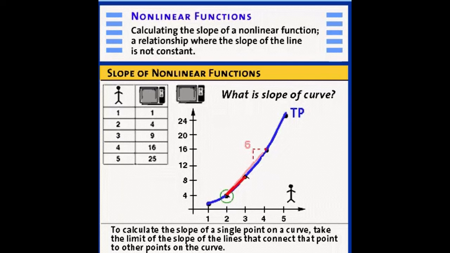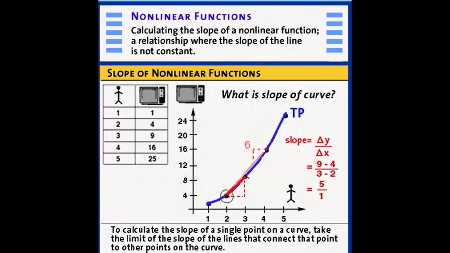So let's look then at the slope as we move from 2 workers to 3 workers. In that case, the slope once again is rise over the run, but the slope along this point is going to be a little bit different. The slope in that case is going to be equal to, the output has changed to 9 from 4, divided by a change in workers from 2 to 3, gives a slope of 9 minus 4 is 5 over 1, which is going to be equal to 5.